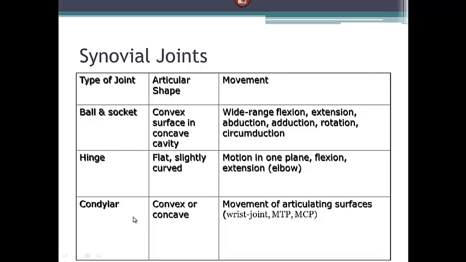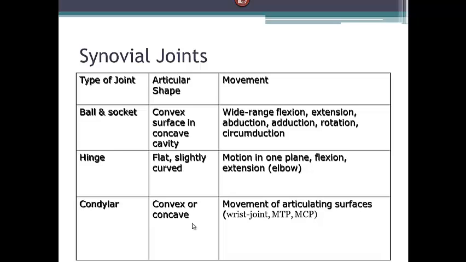A condylar type of synovial joint permits movement in two axes. Basically, an example is the radio-ulnar joint. The articular surfaces are oval, so these joints have been described as the egg in a spoon joint.